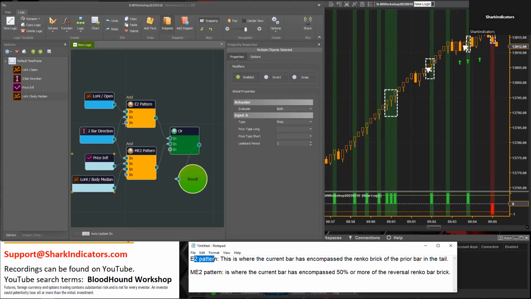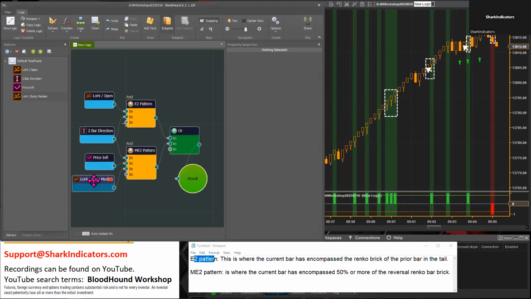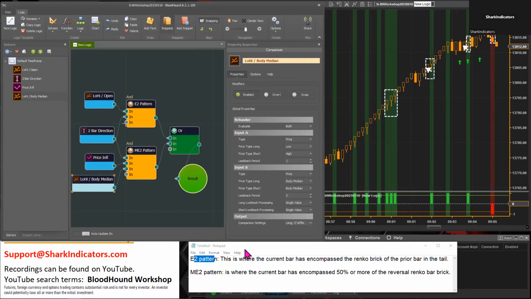Since I don't have any questions waiting for me right now, I just want to circle back around here and remind people, and emphasize, that BloodHound is not calculating this 50% of the brick.